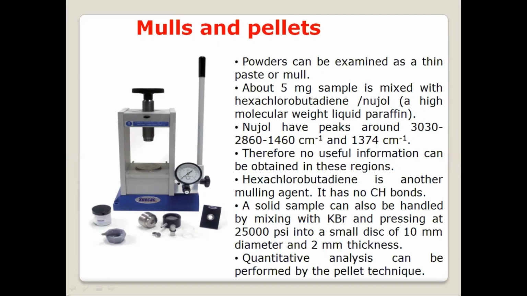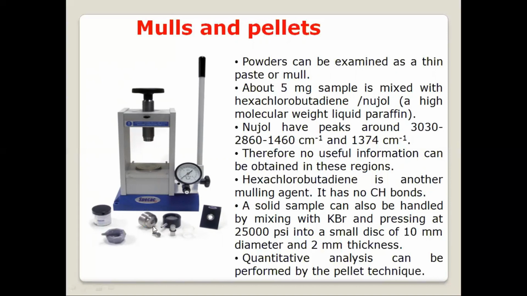In case of pellets, a solid sample can also be handled by mixing with KBr and pressing at 25,000 psi into a small disc of 10 millimeter diameter and 2 millimeter thickness. Here you can see the hydraulic press you can use for the formation of pellets, where you mix the KBr with your sample.